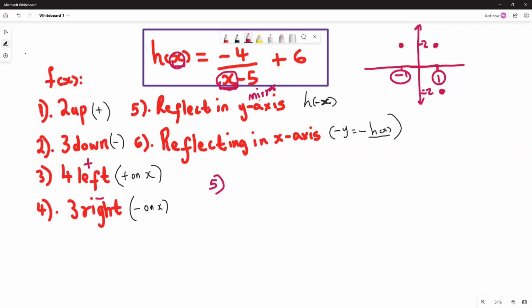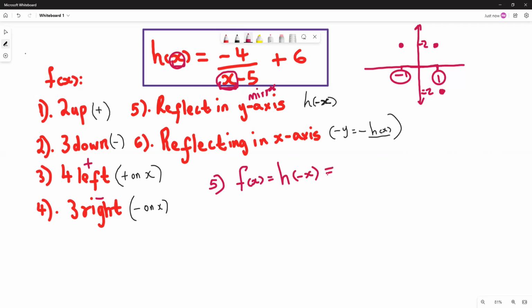So the mirror does not change. What's going to change is the other one. So if you are reflecting the y-axis, x becomes negative and vice versa, right? So here I'm reflecting in the y-axis. It means every x here is going to be negative. So basically, f of x, it's h where every x is negative, right?